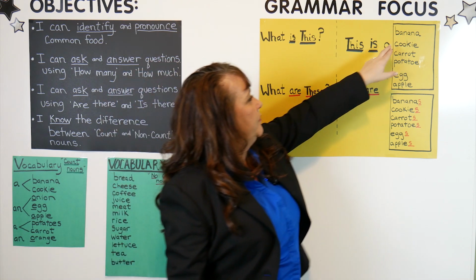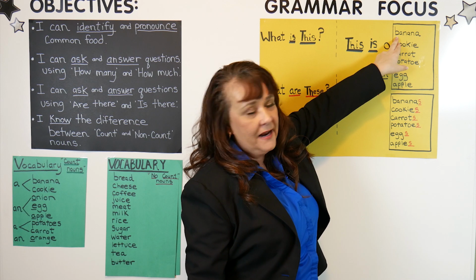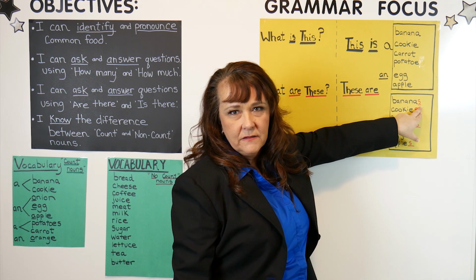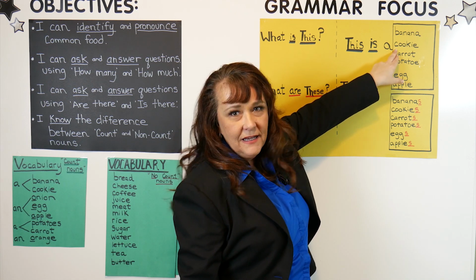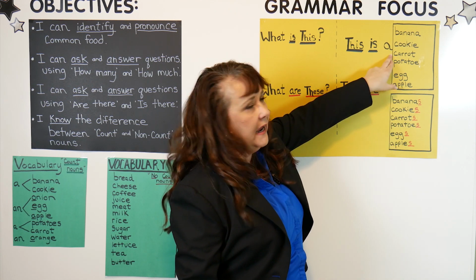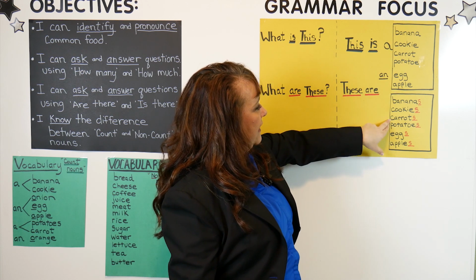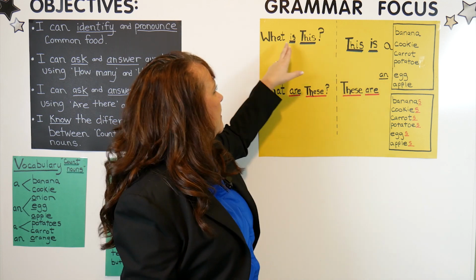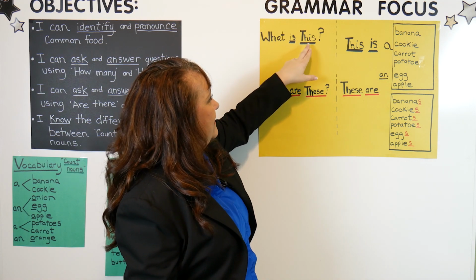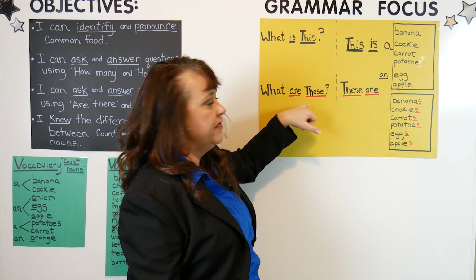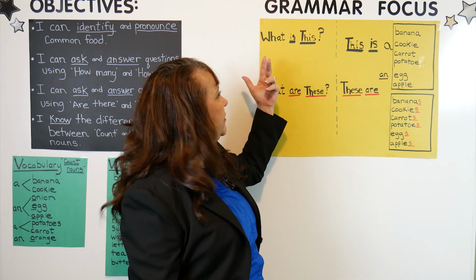So for example, 1 banana turns into 2 bananas. Cookie, cookies. Carrot, carrots. And just like before, we use the question, is this, for singular nouns, and are these for plural nouns.